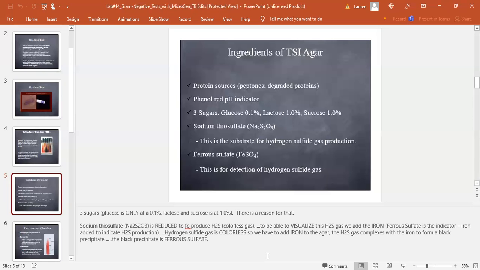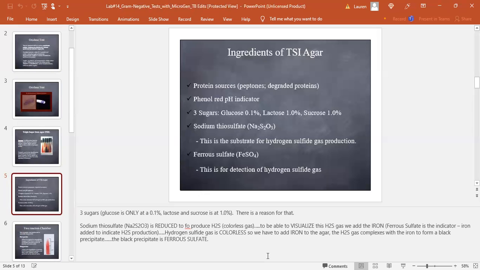We also know that the ferrous sulfate detects that gas and turns it black. So we can have a color change, we can have the black, and we can also have cracks in the agar, which we'll look at some examples of in a second.